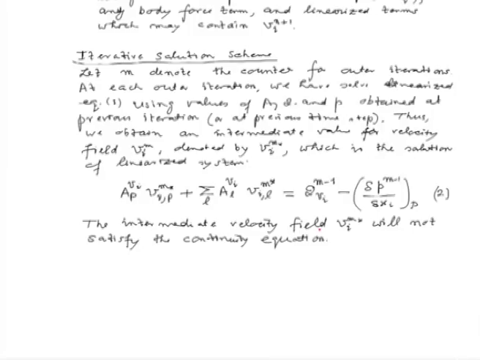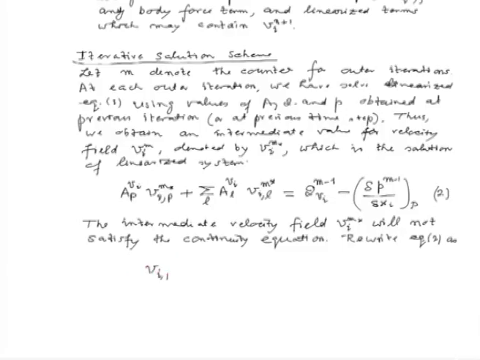Let us rewrite this equation slightly, and that would give us an equation which we can use as our starting point to obtain a corrected velocity value which would satisfy the continuity equation. So, let us rewrite equation 2. Let us keep only VI comma P M star on one side.